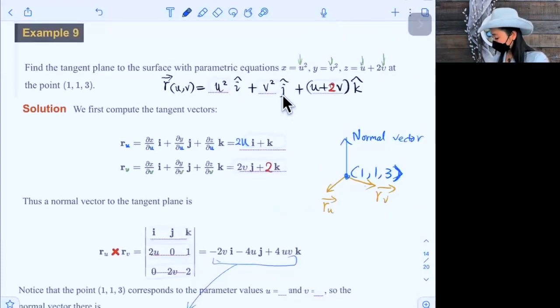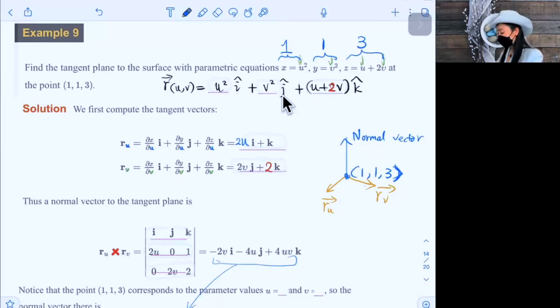So we know that x equals 1, y equals 1, and z equals 3. So what do u and v equal to? 1 and 1, yes.